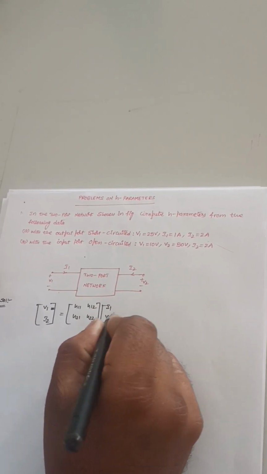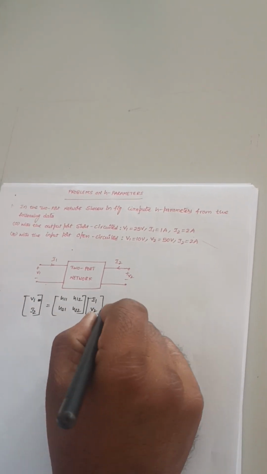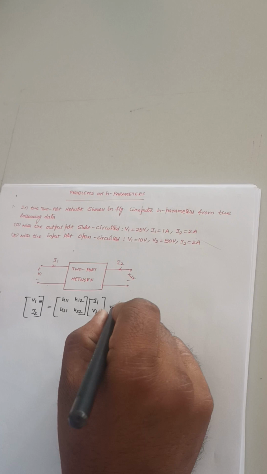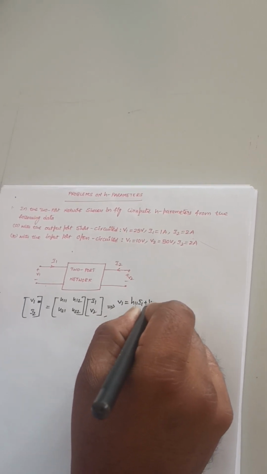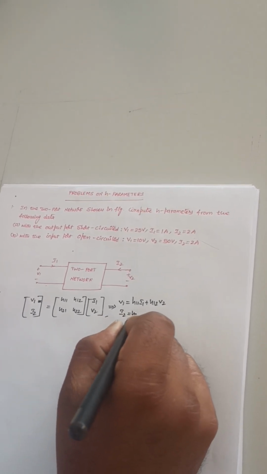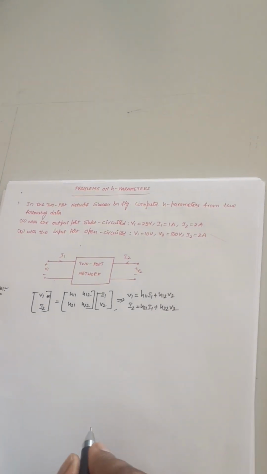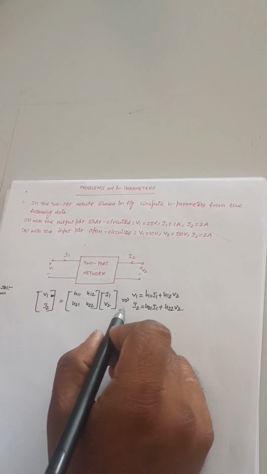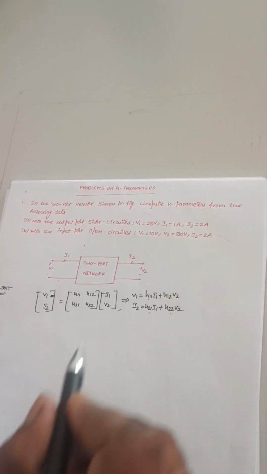If I write this matrix form in equation form, V1 is equal to H11 I1 plus H12 V2, and I2 is equal to H21 I1 plus H22 V2. Now I need to find the values of H11, H12, H21 and H22.